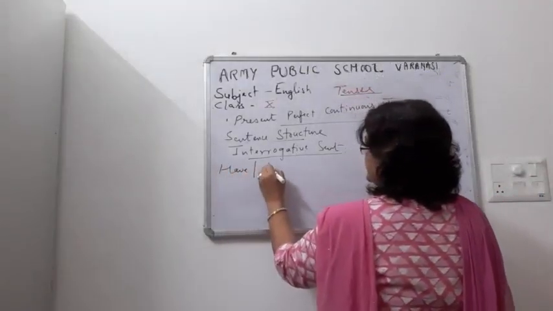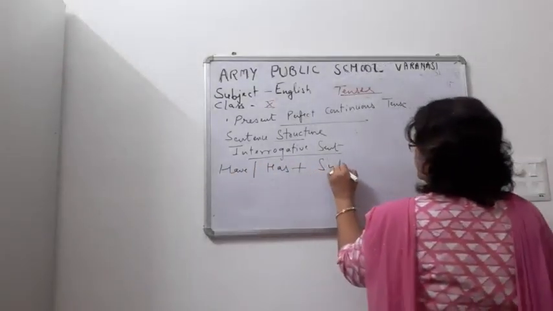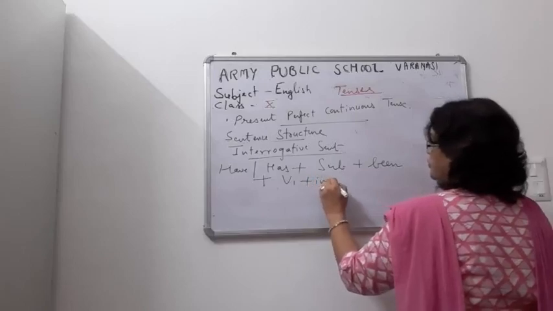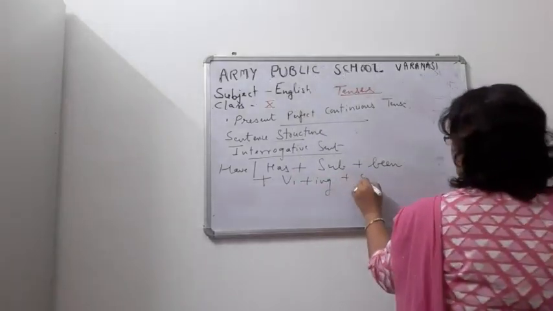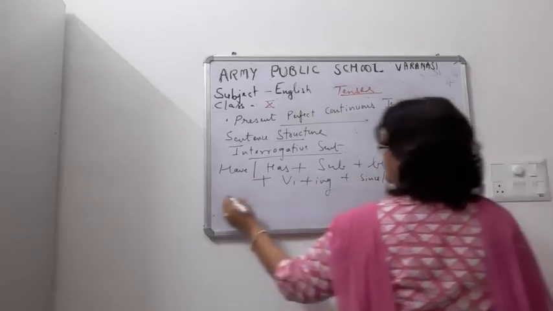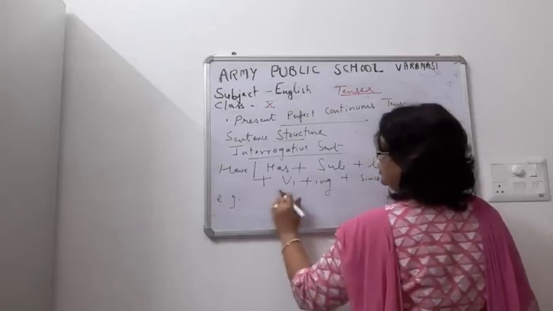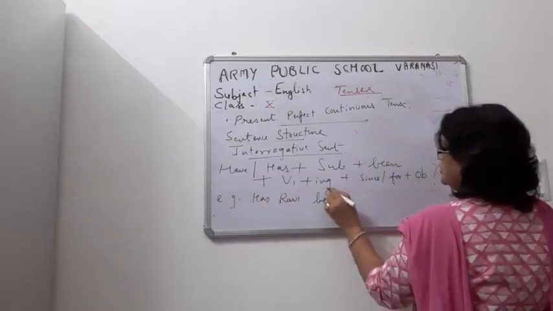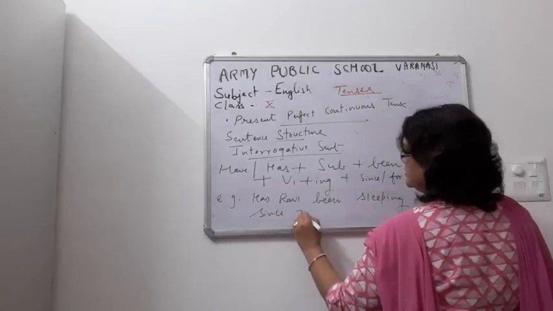Have or has, then subject, been, and so on. Has Ravi been sleeping since 7 o'clock?